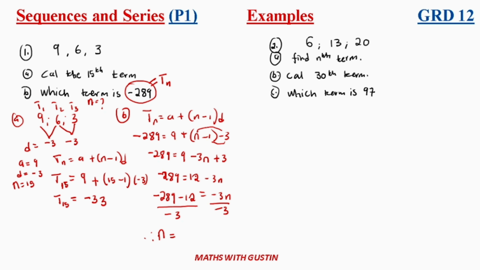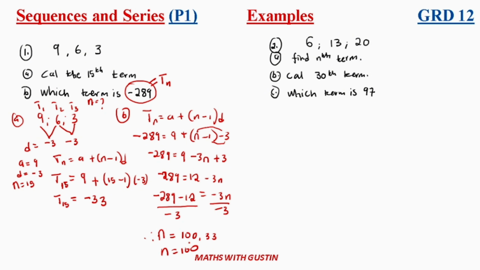Okay, so our answer here is going to give us 100.33, and you know we can't have a 0.33, so it means n is what? Term number 100. Right, and that's how you deal with a question like this one, guys.